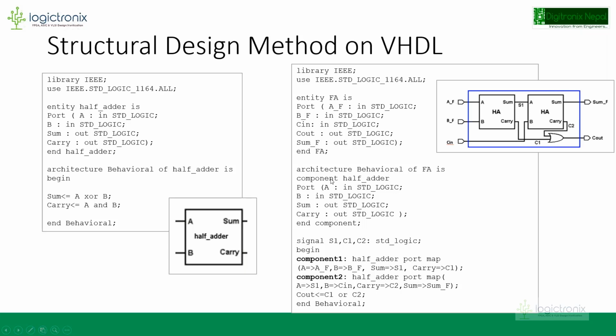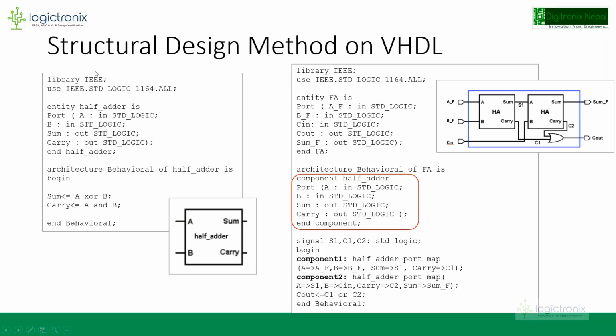Basically, in the architecture section, we have the component section. This component section is the main thing for structural design. A component is like calling or instantiating another module inside the top module. So now this full adder is working as the top module and the half adder is the child module.